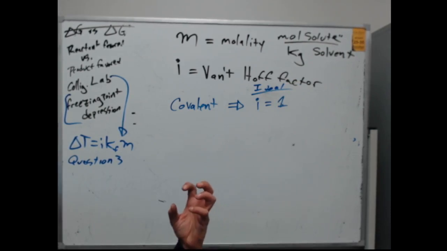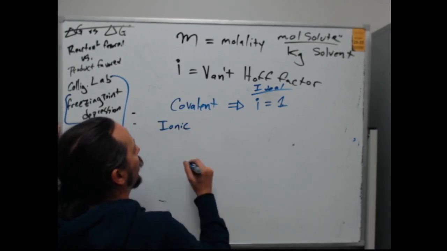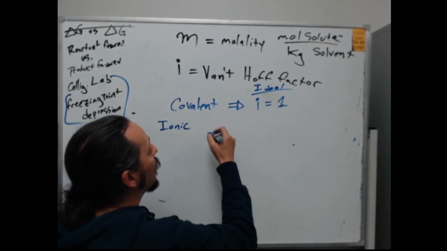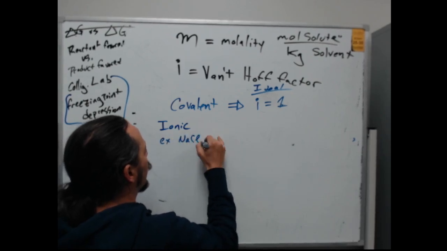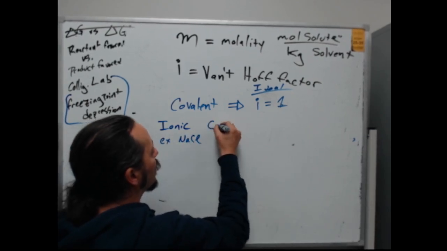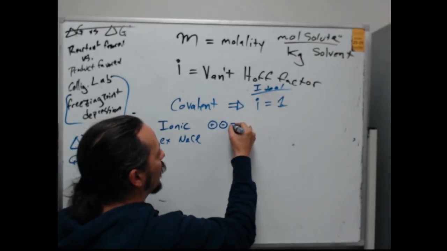I have one molecule, I put that one molecule into water, it doesn't break apart into other little chunks, so it's just one orange dot. The place where it gets a little tricky is when we start looking at ionic compounds. If I look at something like sodium chloride, it's a plus cation and a minus anion.